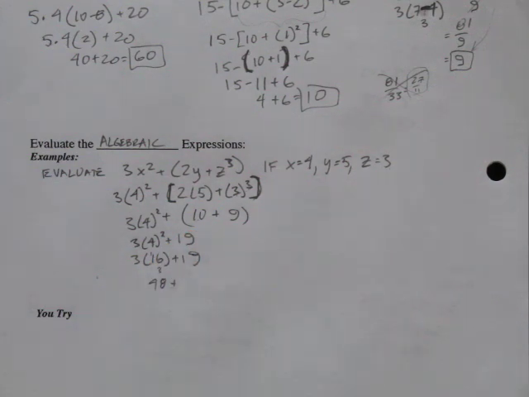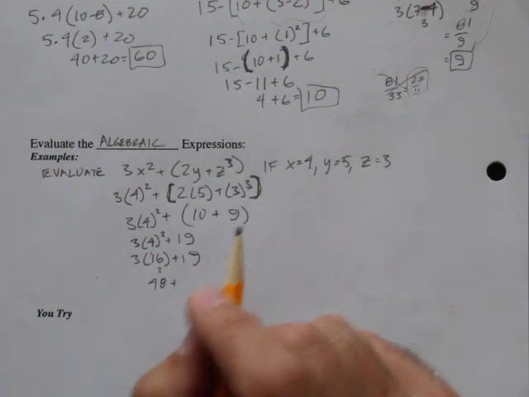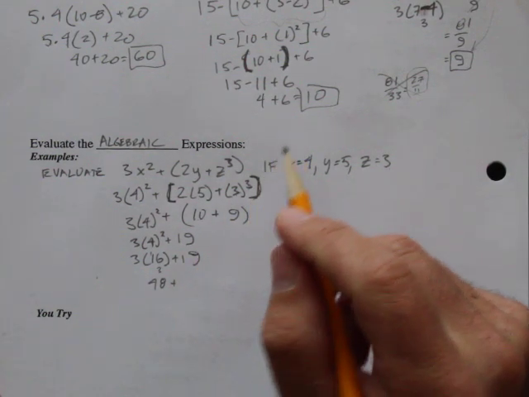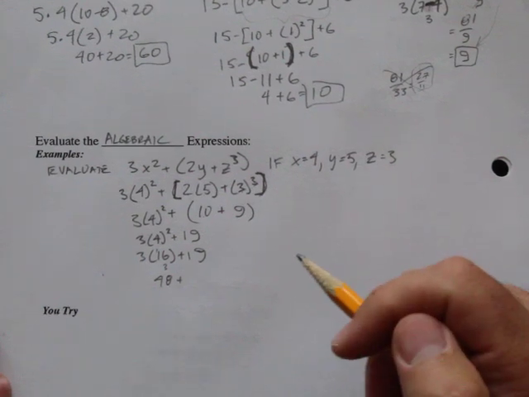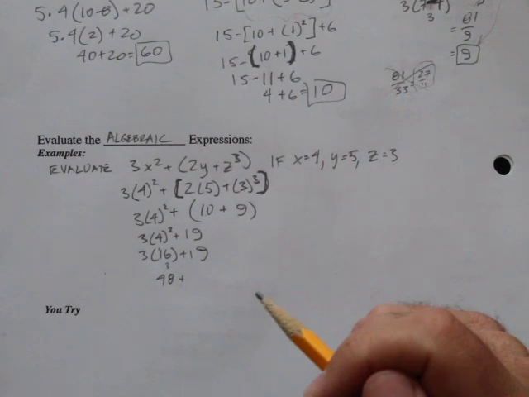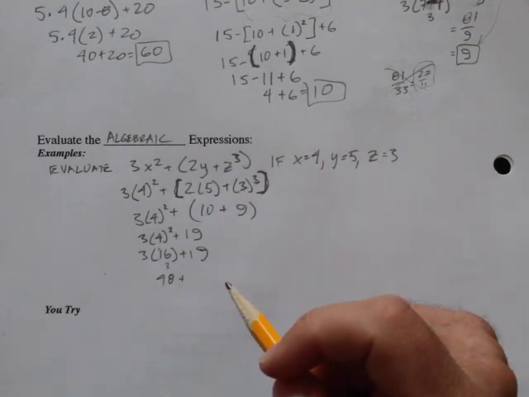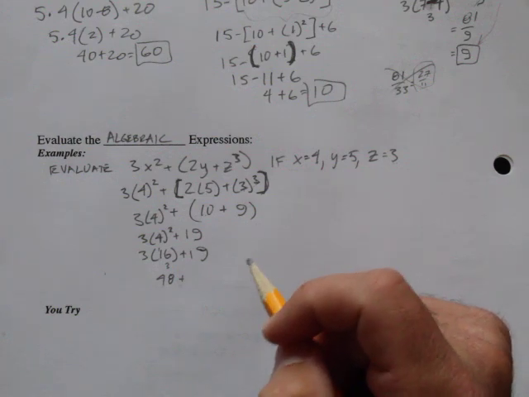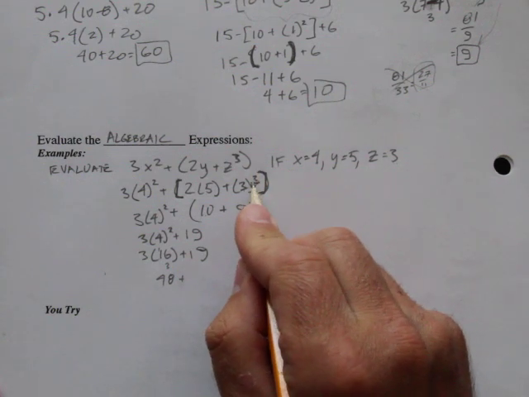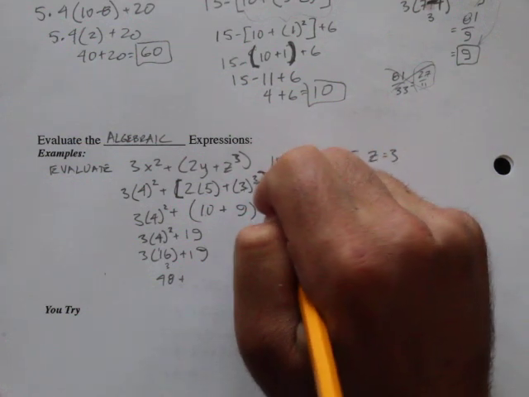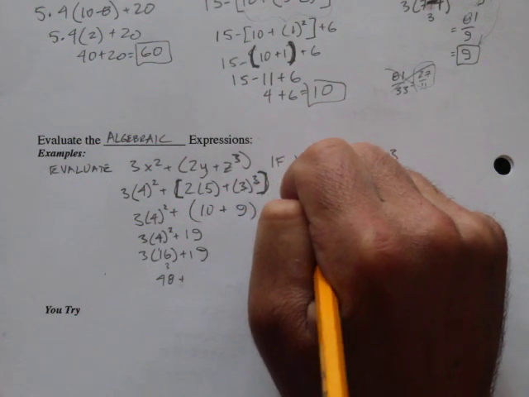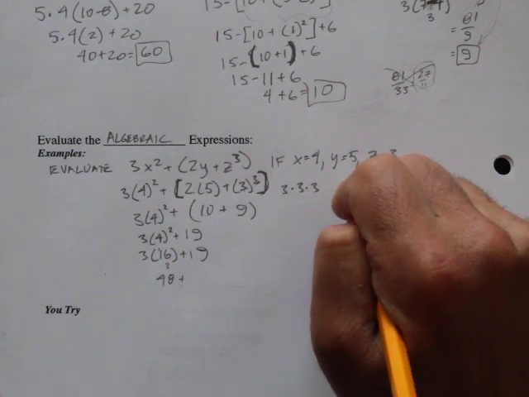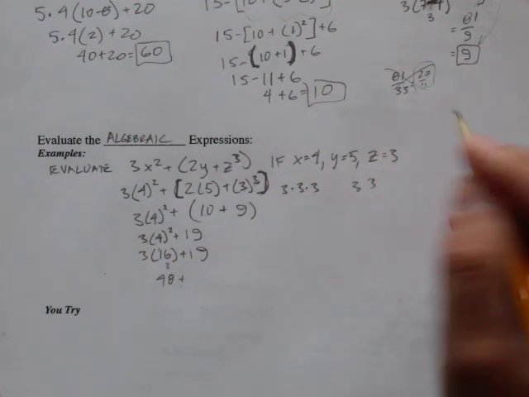Oh, I did something wrong. And this is something that maybe you noticed and you're screaming at YouTube right now saying, Mr. V, you did something wrong. And this is one that I get students doing all the time. 3 cubed is 3 times 3 times 3, not 3 times 3.